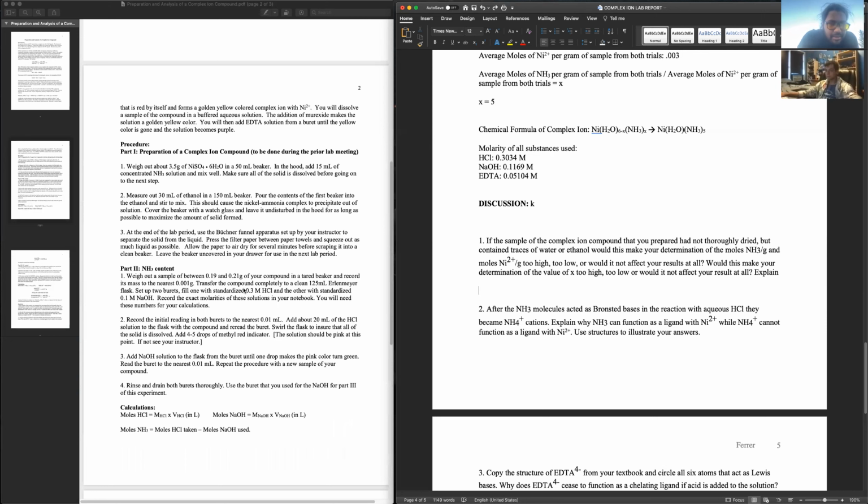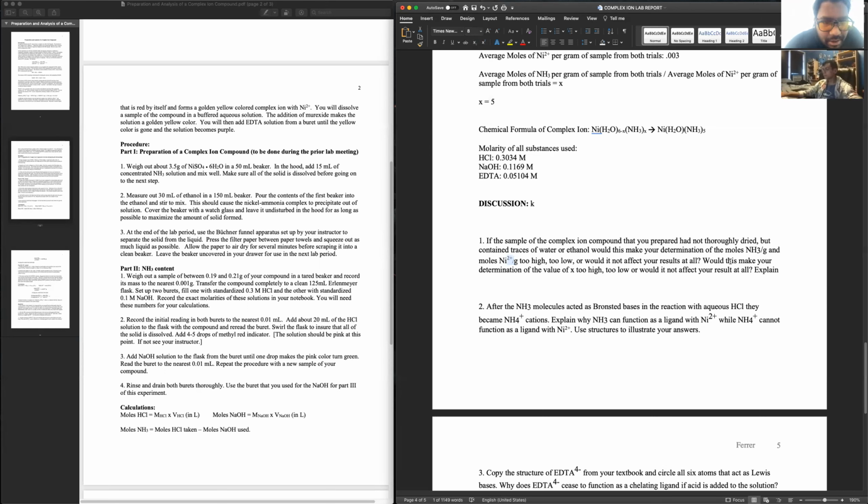Let me just see. Okay, so weigh out 3.5 grams of this in a 50 ml beaker, and then you add NH3 to mix it. Okay. So you do start with a solid.